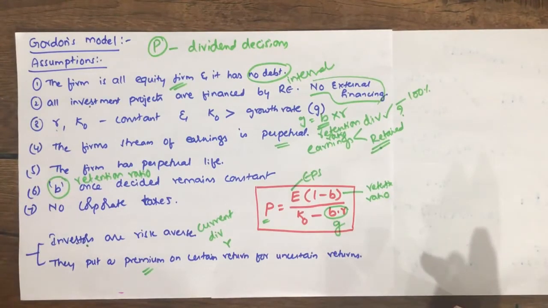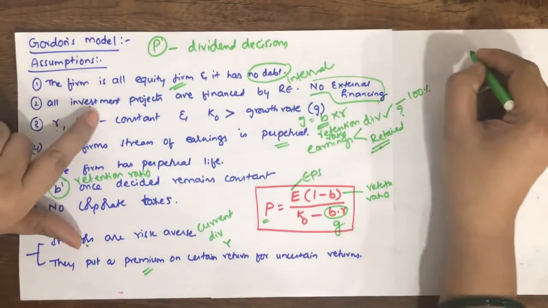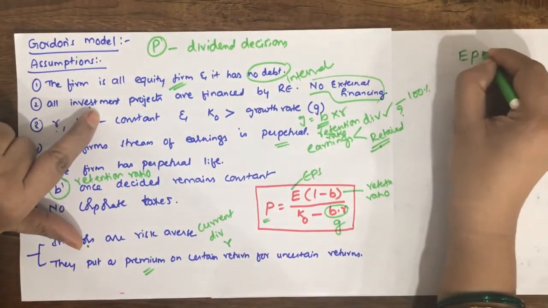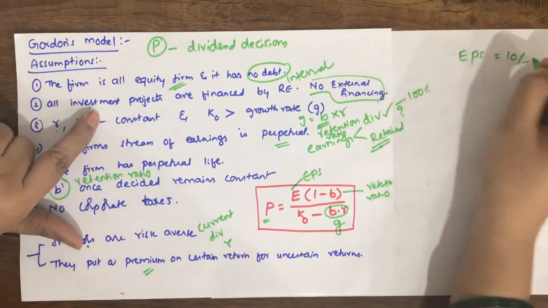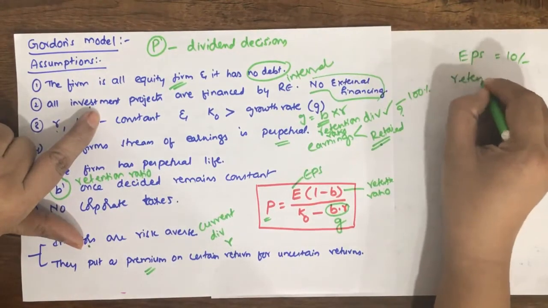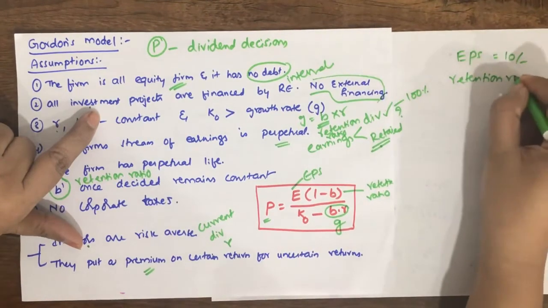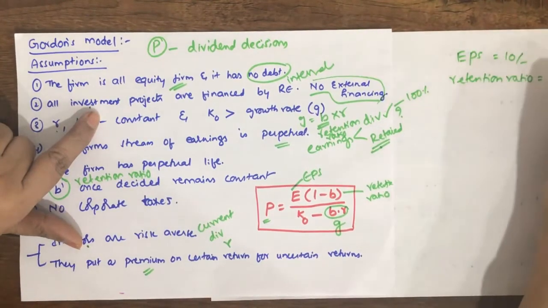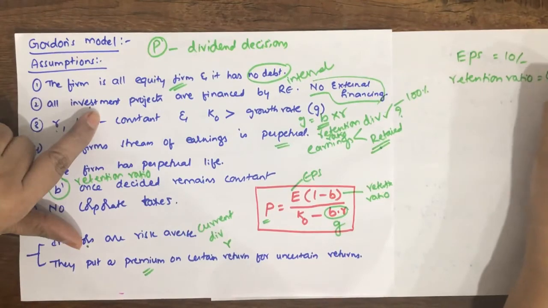Let me take a small example to help you find the market price of a share. Say EPS is 10 rupees and retention ratio is 40%.